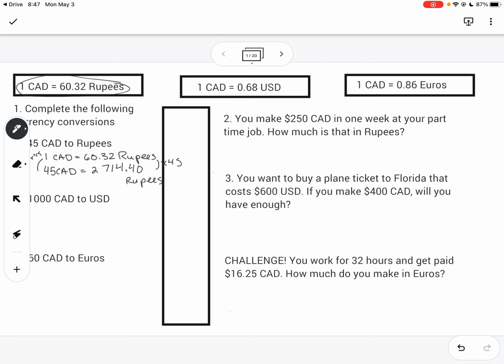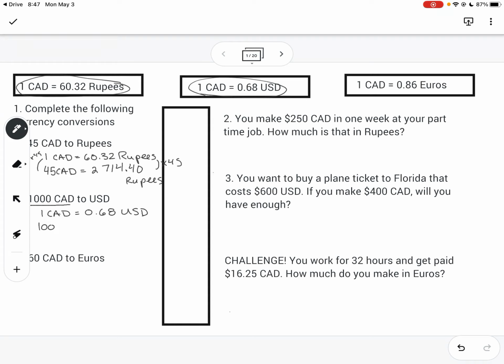Let's try another conversion. Here's a common one. If you ever go shopping across the border or you're purchasing something made in the US, you've got $1,000 Canadian and you want to change it into US dollars. So I'm going to use this conversion rate up here. I know that $1 Canadian is equal to 0.68 US dollars.